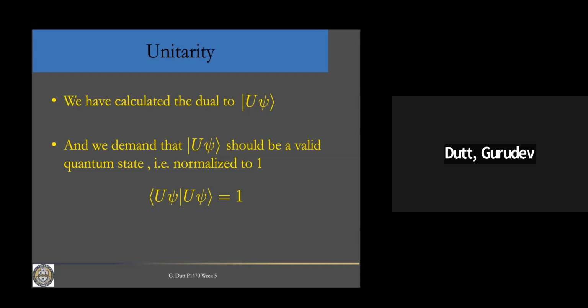You can also run this whole thing in reverse and show that U U dagger must also be the identity. That is, start with the matrix U dagger, act on the state psi, find its dual, and then take the inner product.